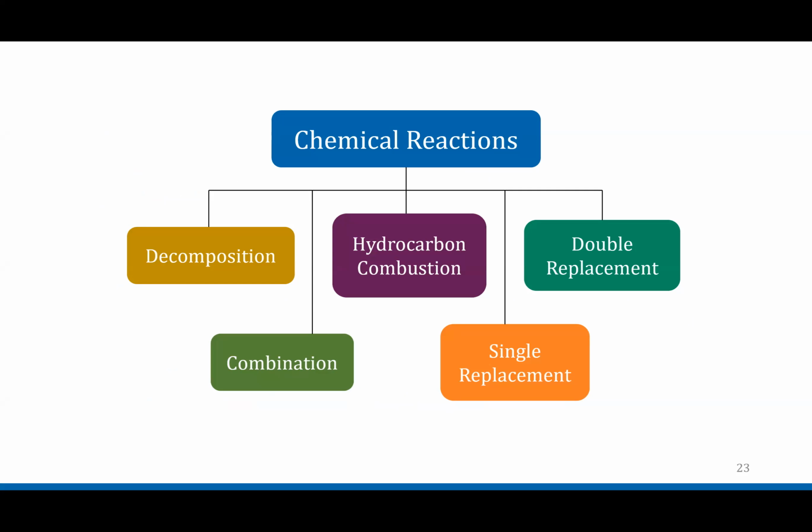Now, these are not the only types of chemical reactions, but these are one way of classifying them based on what the atoms are doing. So there's 5 of them here. We have decomposition, which I'll at least introduce today. We have combustion, double replacement, combination, and single replacement.